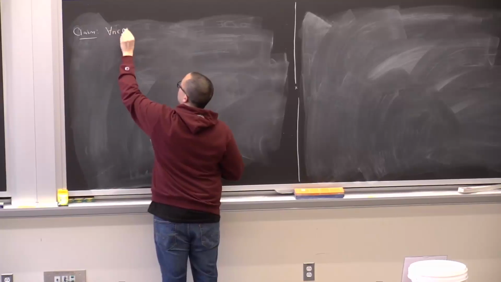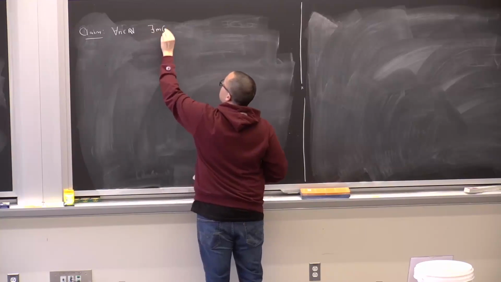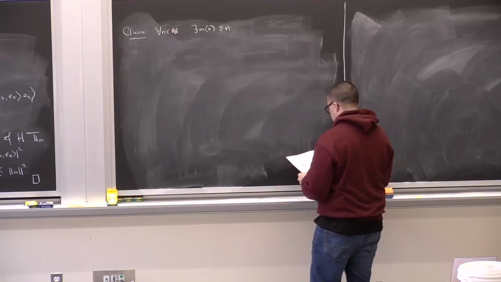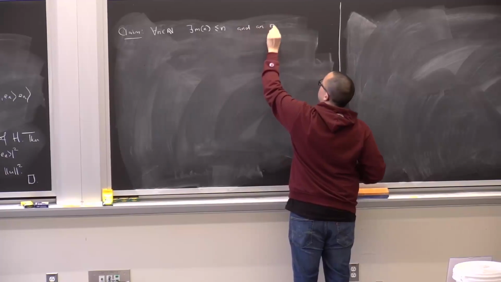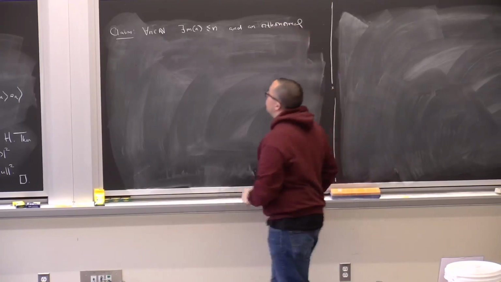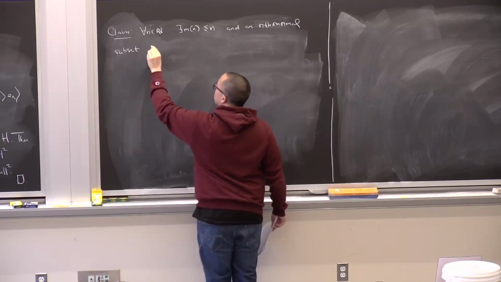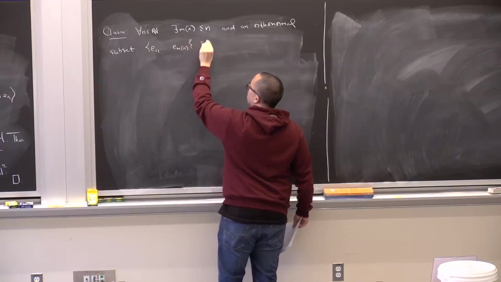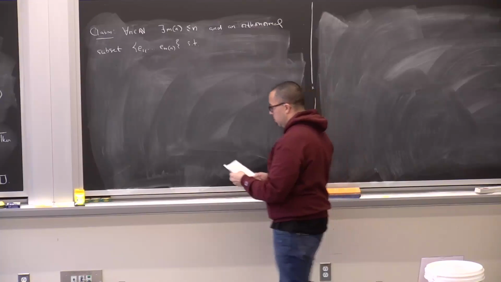For all n, natural number, there exists another natural number m of n, and an orthonormal subset E1 up to E_m(n) such that the following is true.